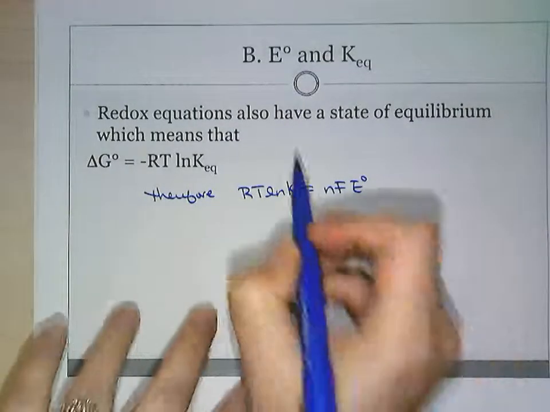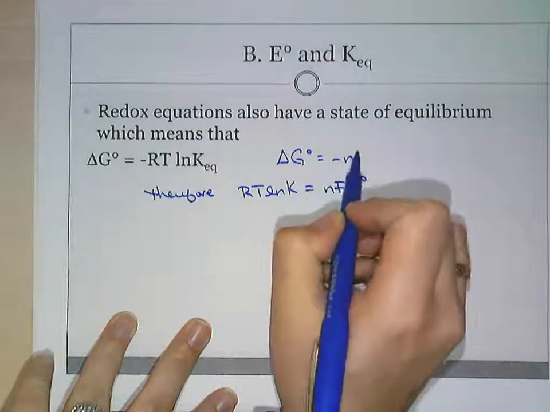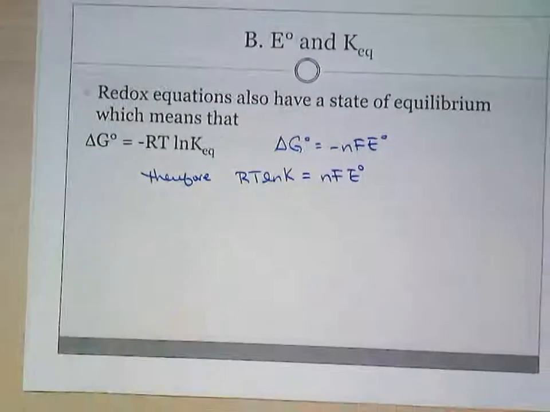All right, because we had on Wednesday. So if delta G equals negative RT ln of KEQ, and delta G also equals negative nFE0, it means they are equal to each other.